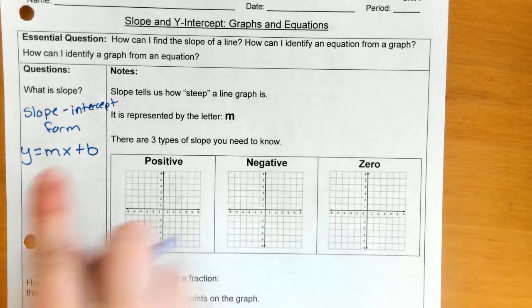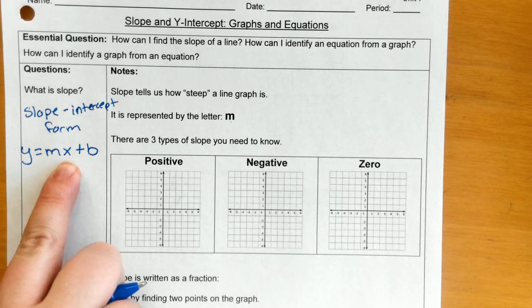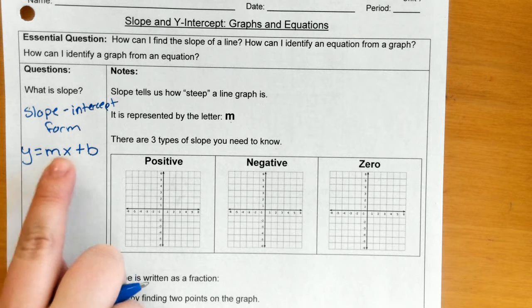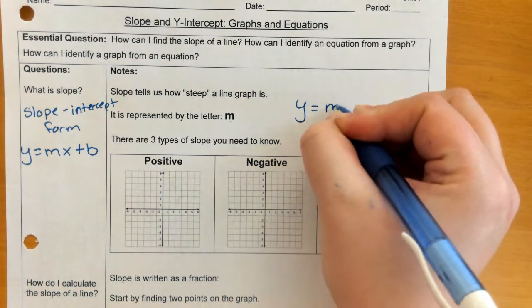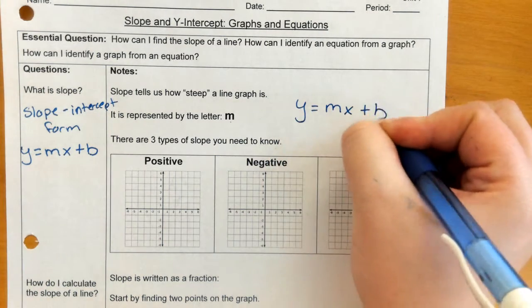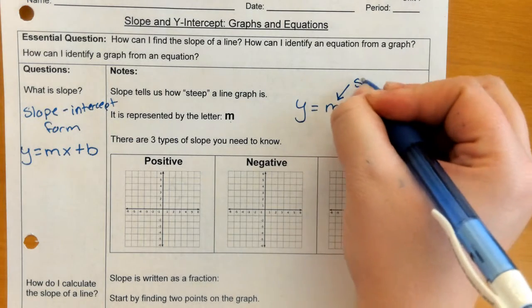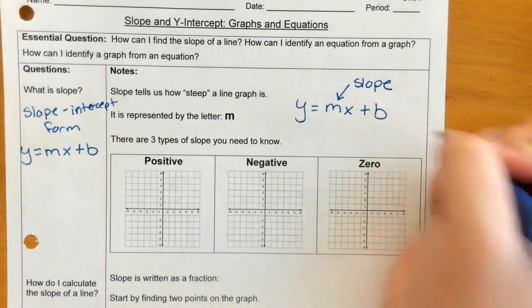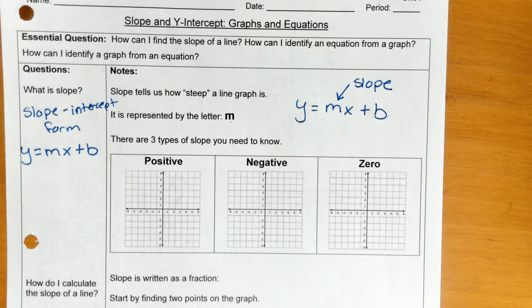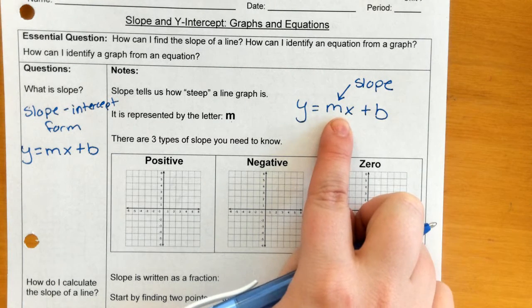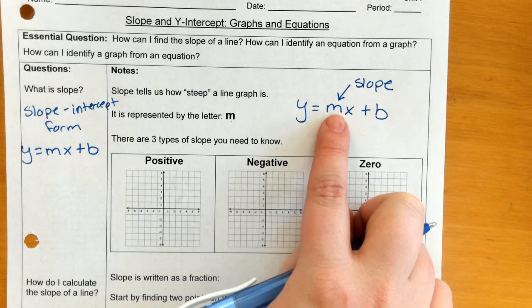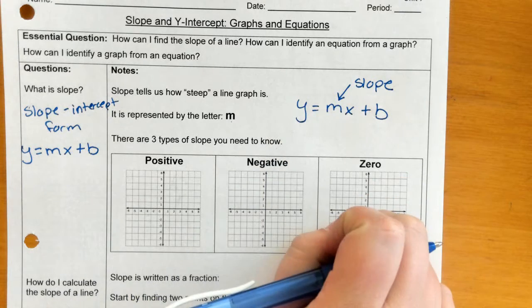And so what that means is y and x will always stay letters, but m will be a number and b will also be a number. So if we're looking over here, I'm going to rewrite our slope-intercept form. The number that's glued to x is our slope. Some of you might remember that the letter m is a coefficient. That means glued to the letter x, and that's our slope.